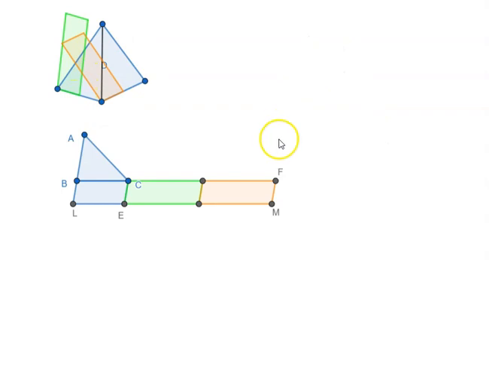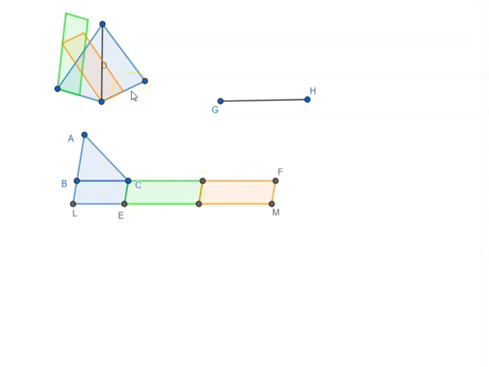We have to create a triangle which is similar to ABC, but with area equal to this. So for that, we have to figure out the mean proportional of BC and CF. Again, we know how to do that. So we draw the line segment which is equal to the mean proportional of BC and CF.